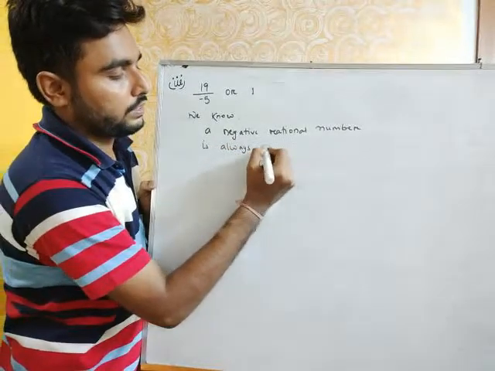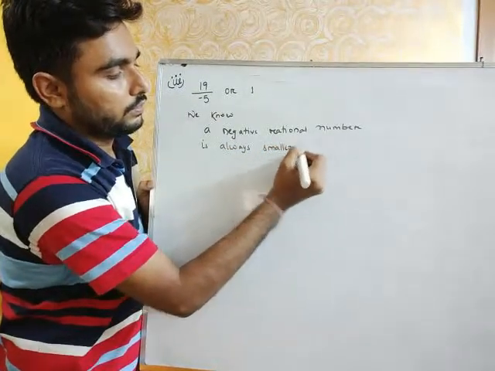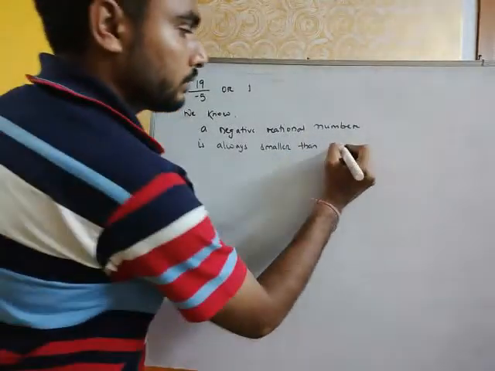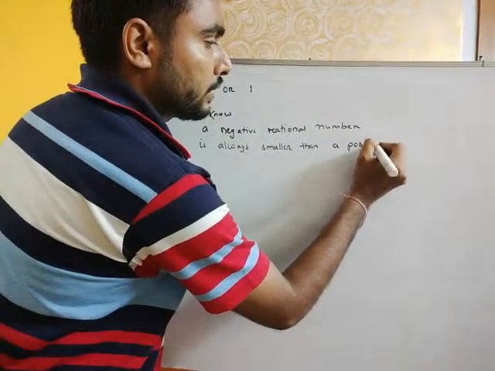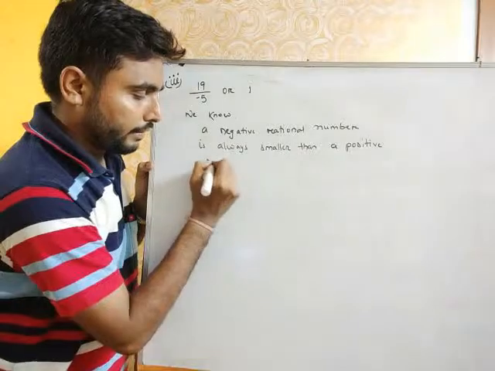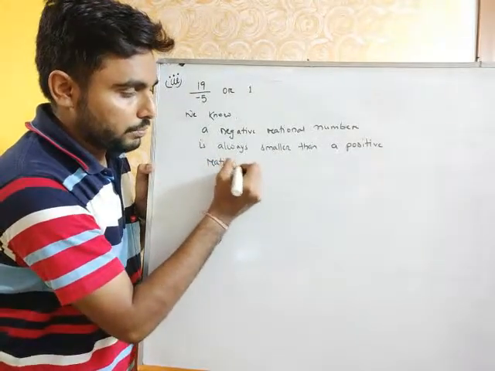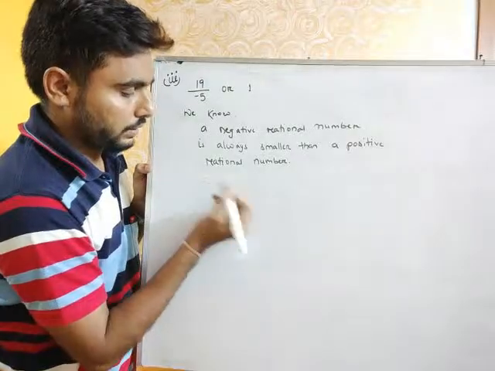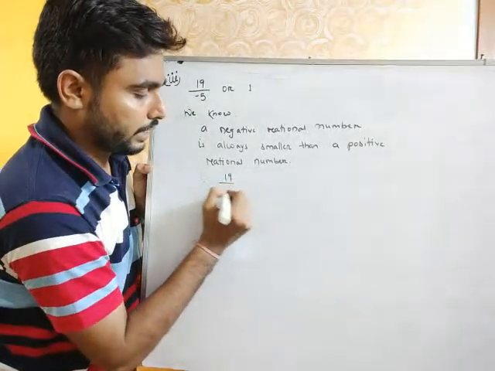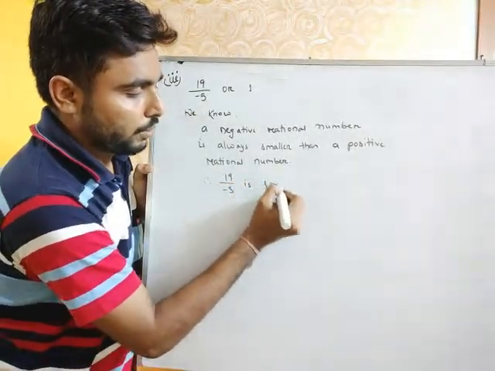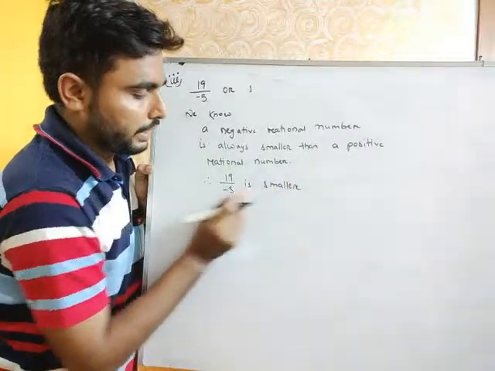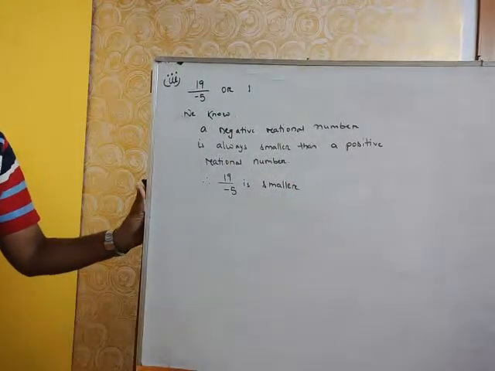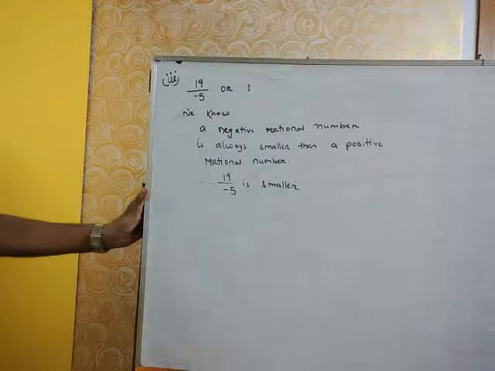A negative rational number is always smaller than a positive rational number. Therefore, I can write minus 9 by 5 is smaller, isn't it? Minus 9 by 5 is negative, and 1 is positive. So, minus 9 by 5 will be smaller. Got it?